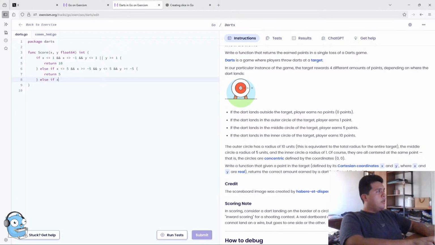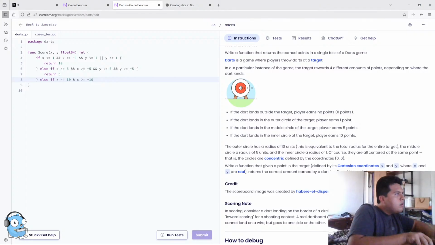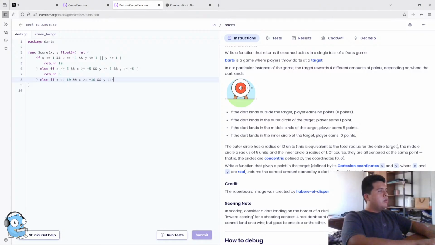Else if x is less or equal to 10 and x is more or equal to -10 and y is less or equal to 10 and y is more or equal to -10, return 1. Else I will put only return 0.